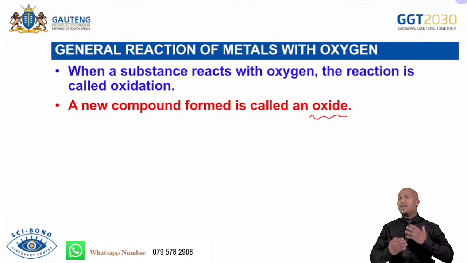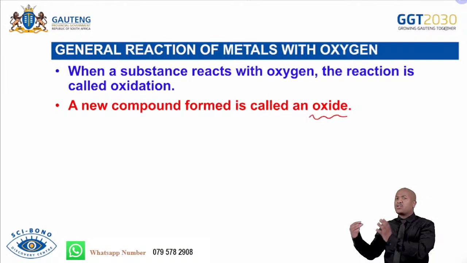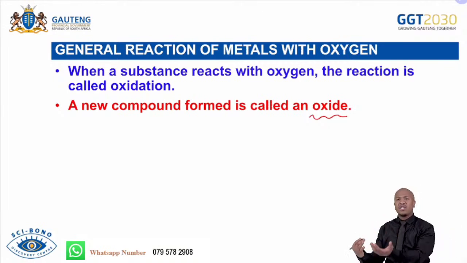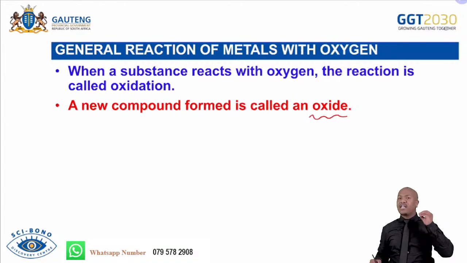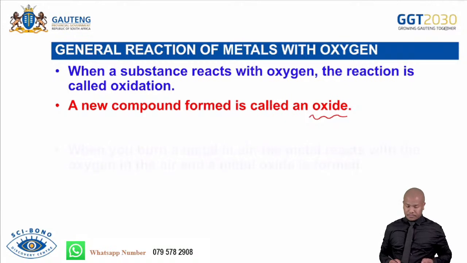So now, bear in mind here, we're still talking about any substance that reacts with what? With oxygen. It can be lithium with oxygen forming lithium oxide. Hydrogen with oxygen forming hydrogen oxide. Are we together? So any substance that reacts with oxygen, the reaction is oxidation, and that product will be an oxide.